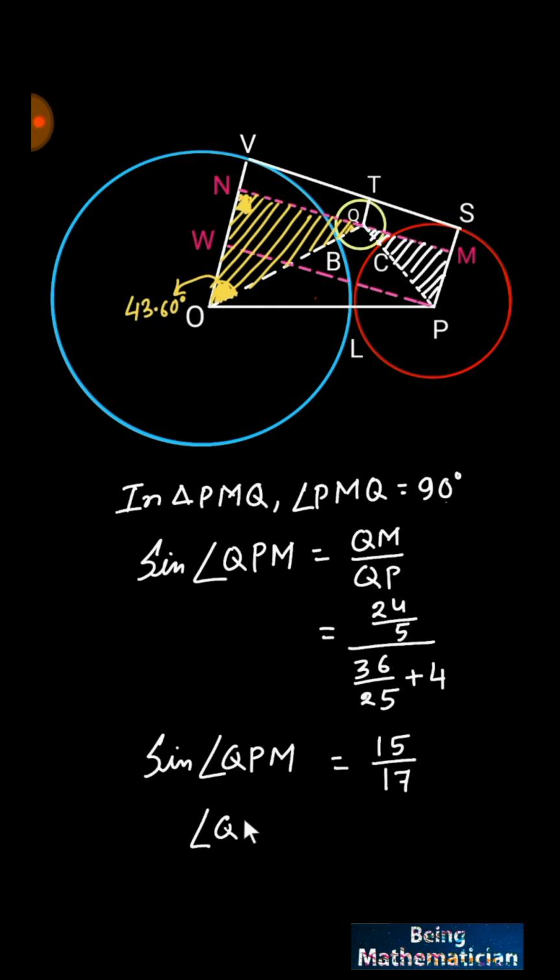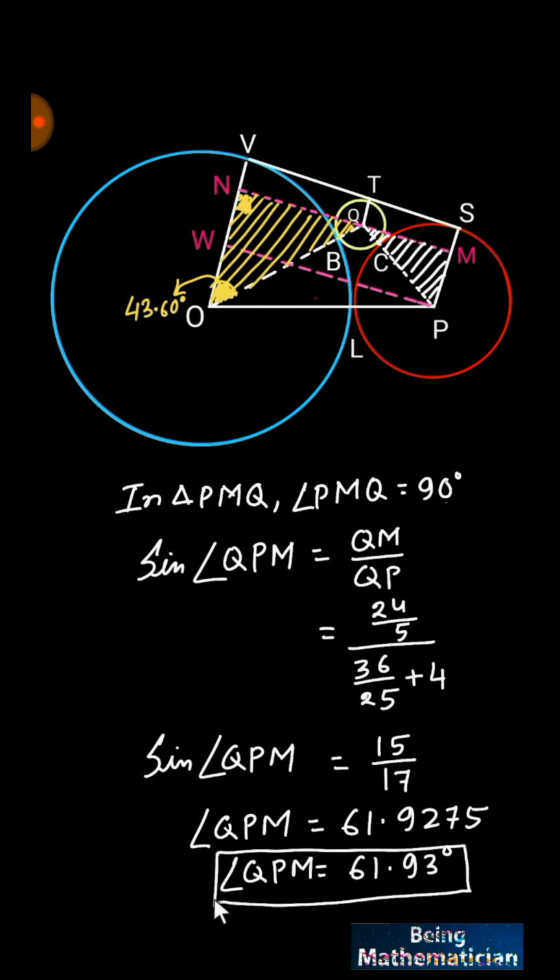So sine angle QPM is this. So angle QPM must be 61.9275 by trigonometric table, and it is approximately 61.93 degree. So QPM is 61.93 degree, this angle.